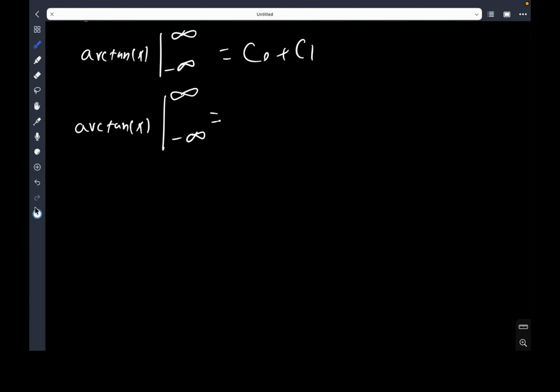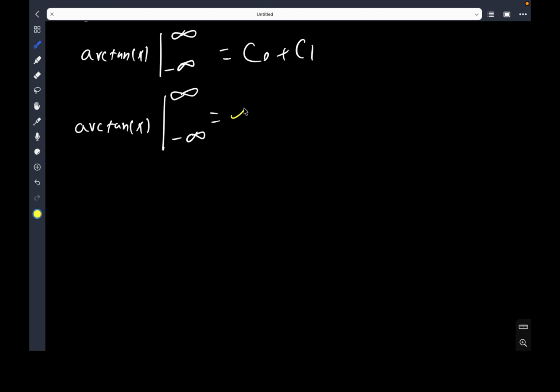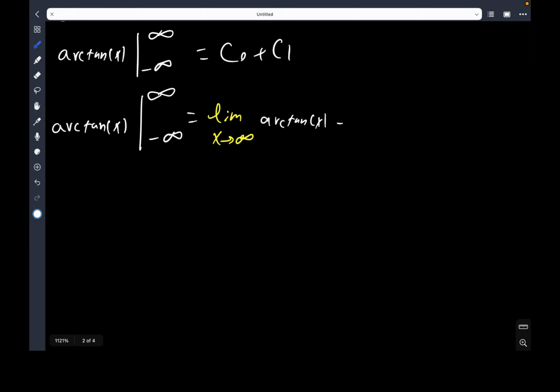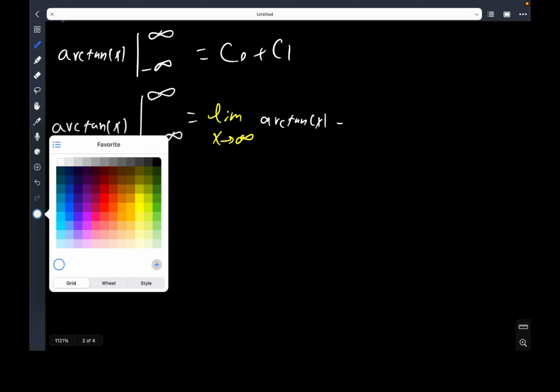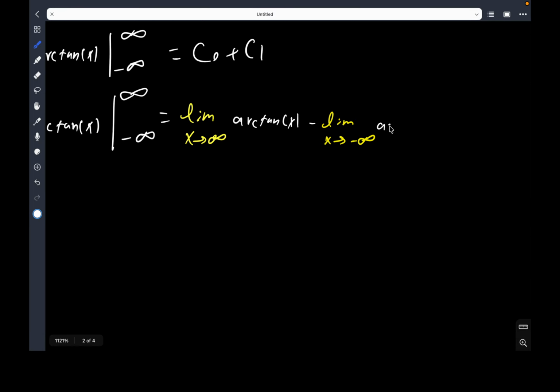And if I want to find this limit, I have to find the limit as x approaches infinity of arctan of x minus the limit as x approaches negative infinity of arctan of x. This is the improper integral.